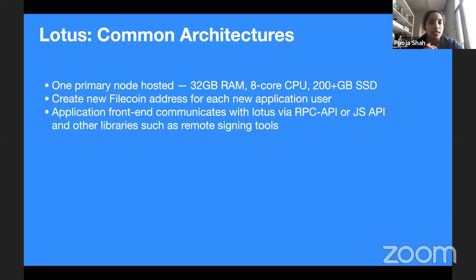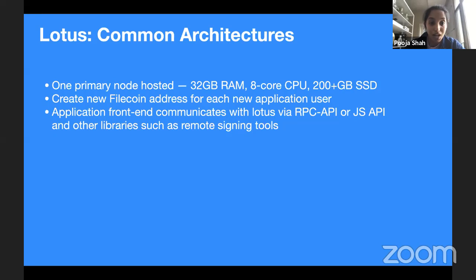And I just wanted to surface one common architecture that we've seen when developers are using Lotus for their applications. It's informed by Lotus as a node, even if what you're primarily trying to do today is syncing the chain and making storage deals, managing a wallet, things like that. Lotus is not extremely optimized. There's no concept of light client, we're pre-mainnet launch.